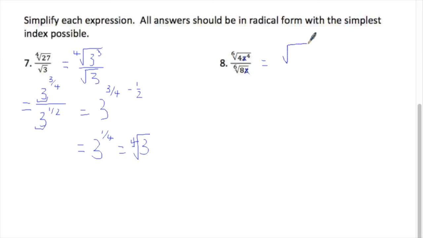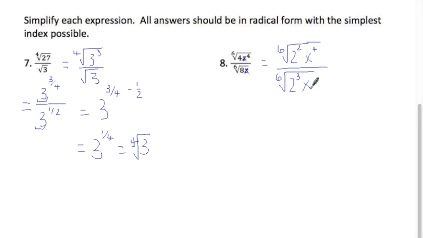So let's write them both with an exponent of 2. So this is 2 squared and x to the 4th, divided by the 6th root of 2 cubed and x.